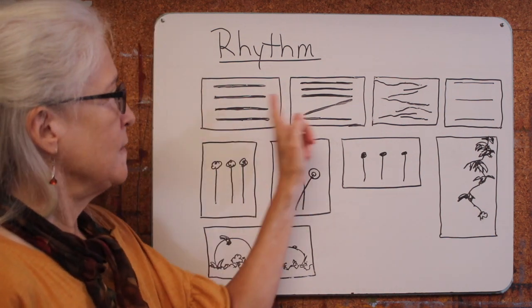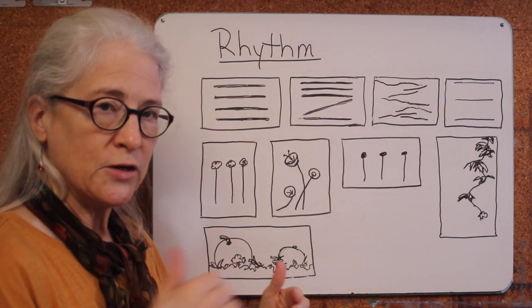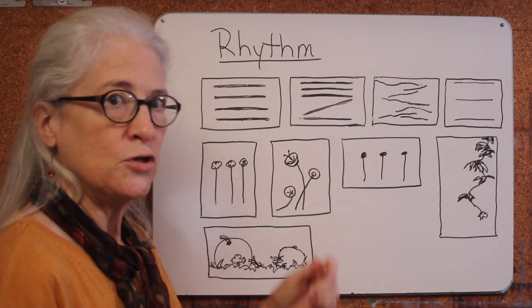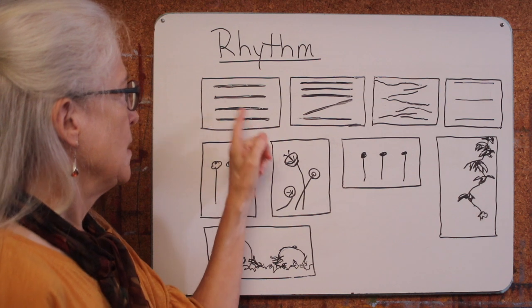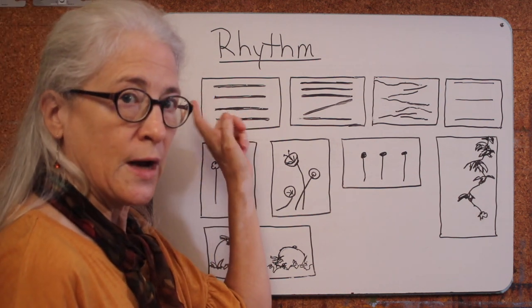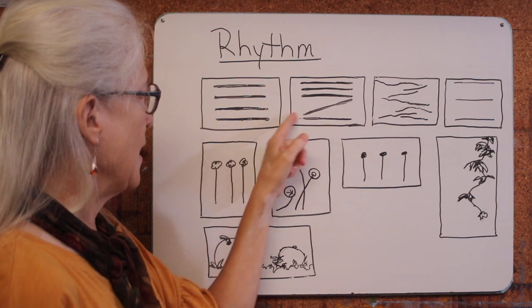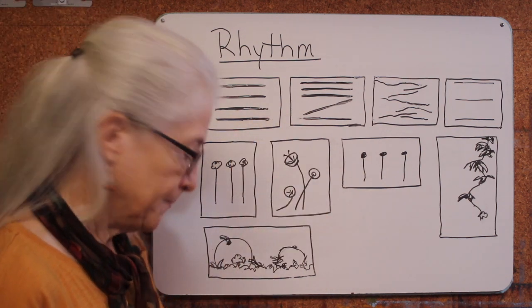With these four compositions, because they are set up like text, the viewer is automatically going to start reading it from left to right. So for this composition, I go left to right, left to right, left to right, left to right, and then I'm out of there because there is nothing to stop my eye.